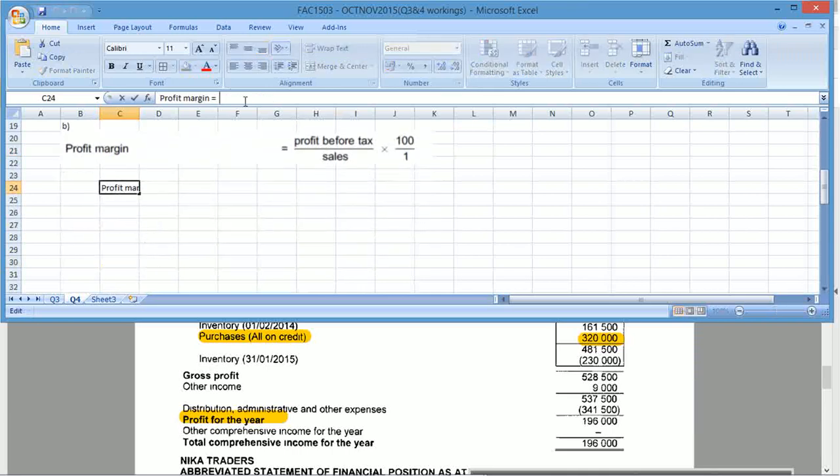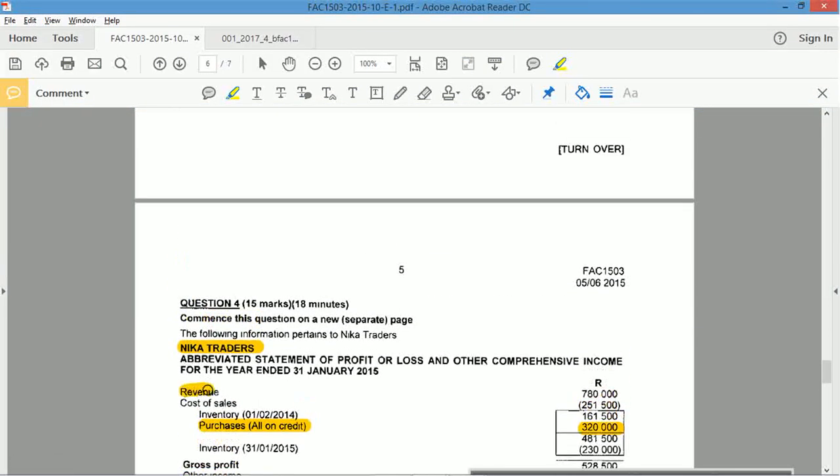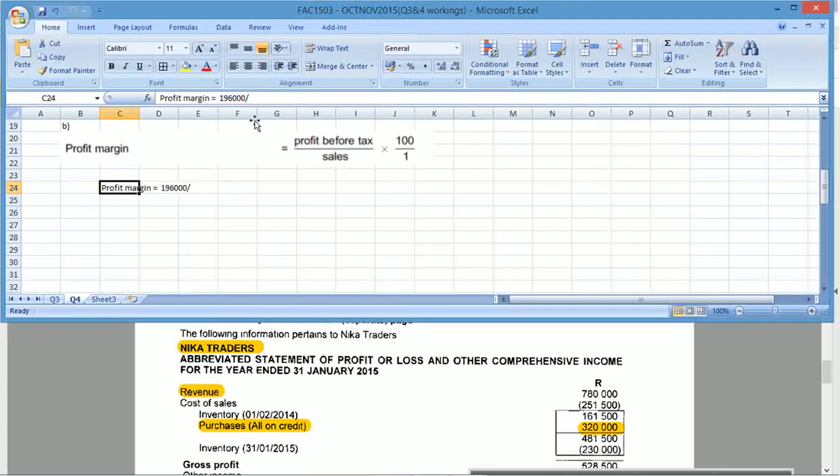Here it is. 196,000 over sales. What are my sales? Revenue is another word for sales. 780,000 times 100 equals 25%. There's your profit margin.